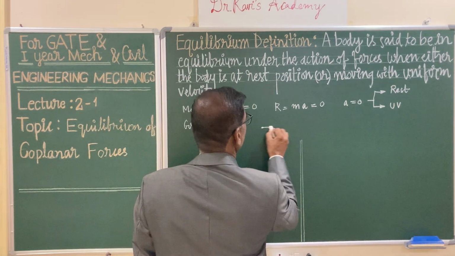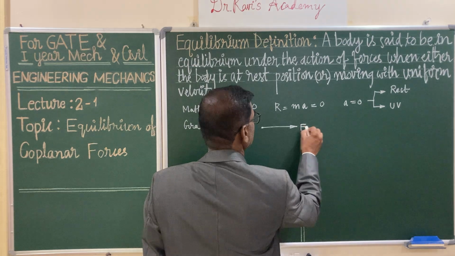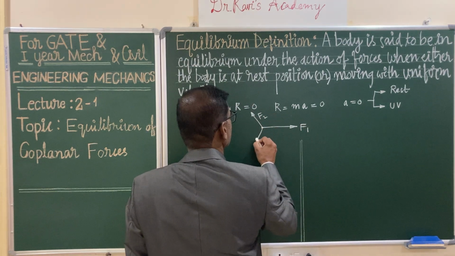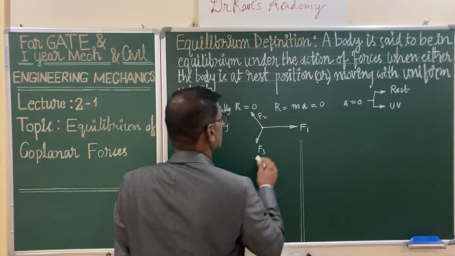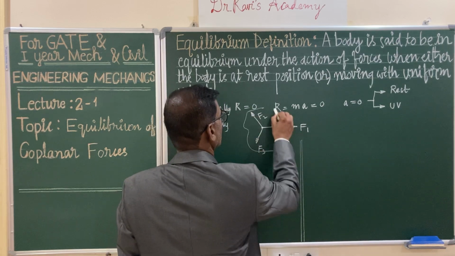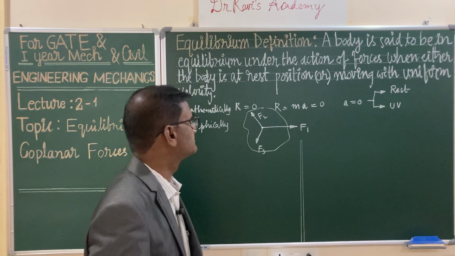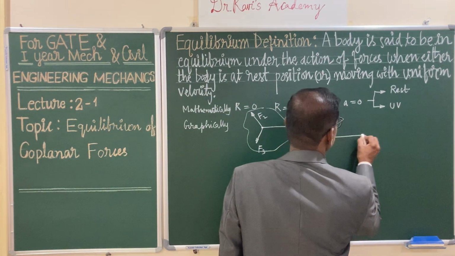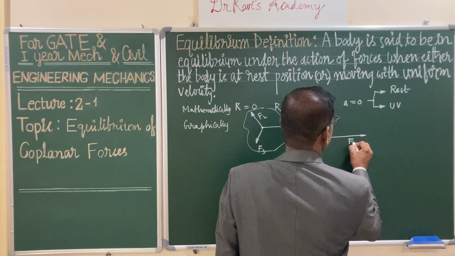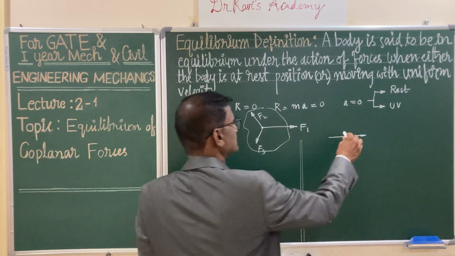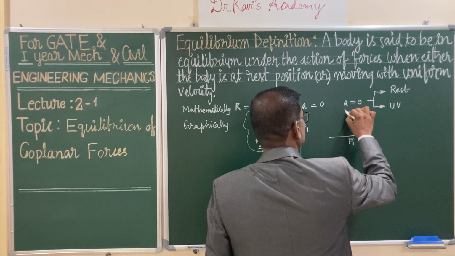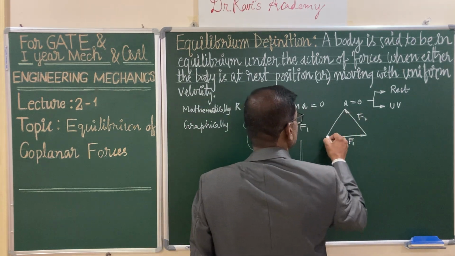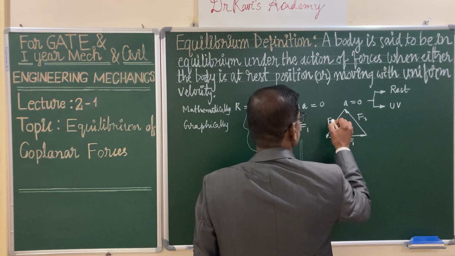So, let us consider a particle and the forces F1, F2, maybe F3 acting on the particle. If we join all these forces by tip to tail method, let us consider F1 by magnitude and direction. F1 is acting to the right, and for F2 the inclination is known, and for F3 the magnitude and inclination are known.